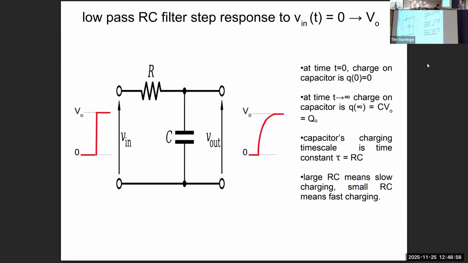Okay, I've got a few slides on RC filters, low pass RC filters and high pass RC filters that you've met before, just describing how an analog circuit RC filter would work as a high pass filter, a low pass filter. So we're going to remind ourselves of low pass, high pass RC filters. Once we've reminded ourselves, we'll write down the differential equations describing low pass, high pass filters, and turn those differential equations into difference equations.